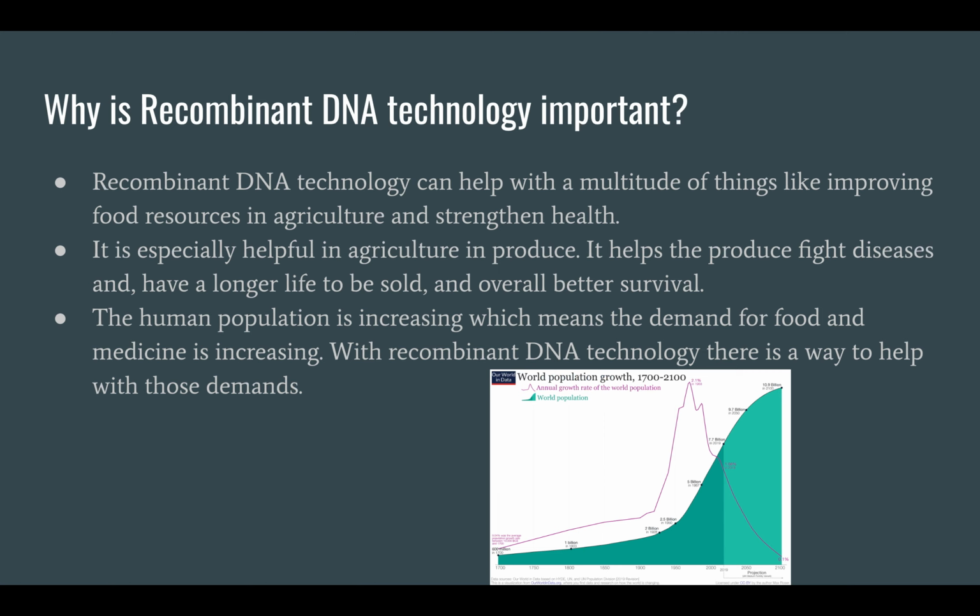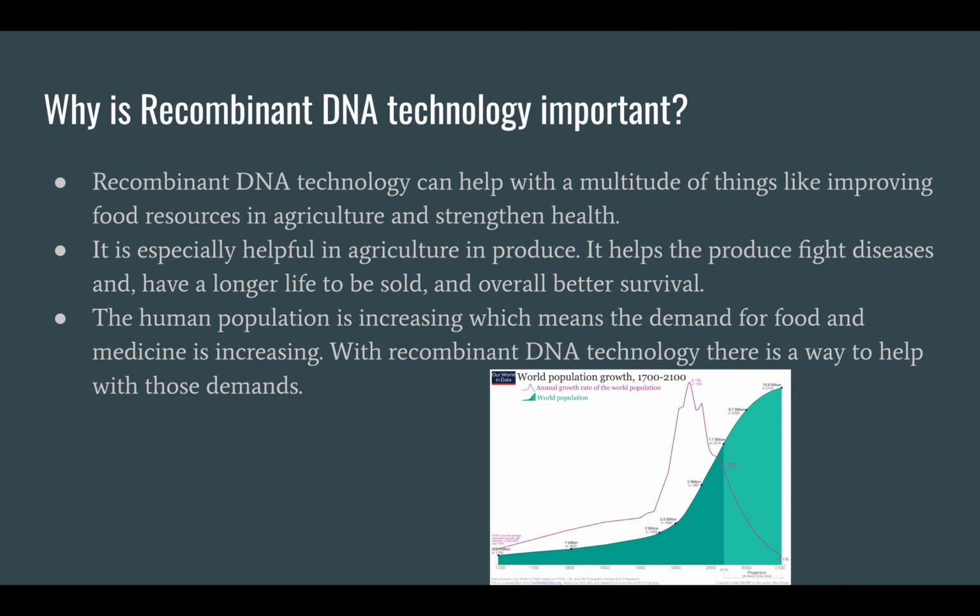So, their life before they start to rot or over-ripen, to stay edible for longer. That just means it'll stay how you want it from the farm to the shelf for consumers to buy for longer instead of going bad. It's an overall better survival for a lot of produce out there.